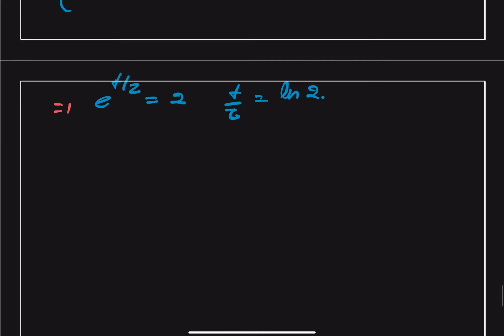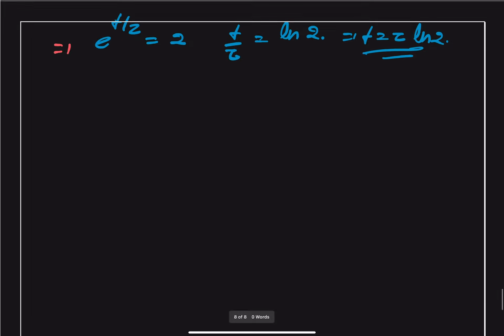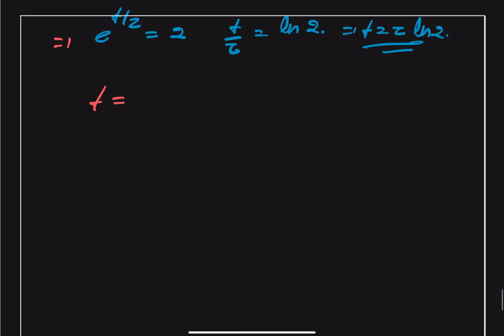And we just calculated our tau. Tau is 2. We substitute the value. So from here we can say t is equal to tau natural log of 2. Substituting the value of tau, we get t is equal to 2 natural log of 2.